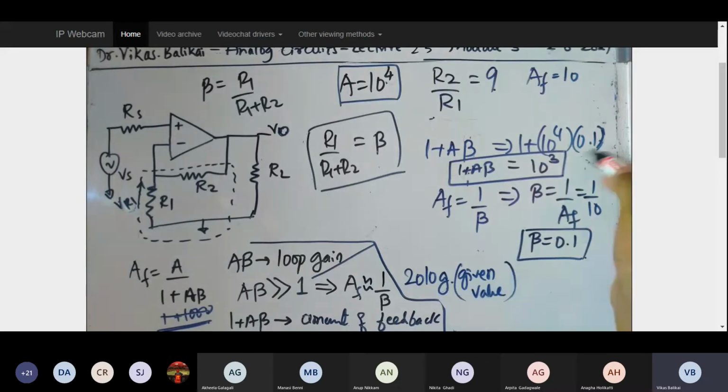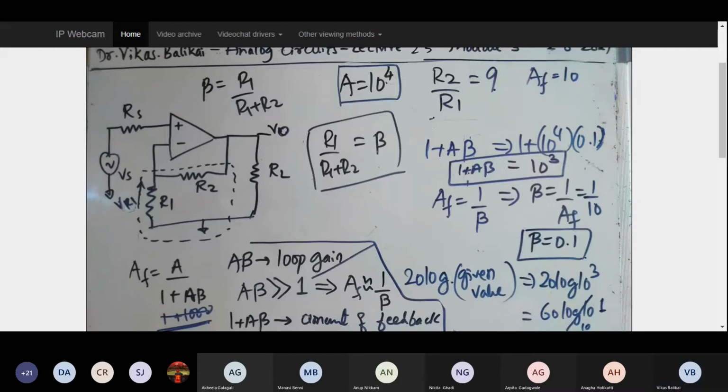So if I do that, 20 log 10 raised to 3. So this 3 will come over here and get multiplied with 20. So 60 log 10 to the base 10, and log 10 to the base 10 is equal to 1. So the value will be 60. So 60 dB is my answer.